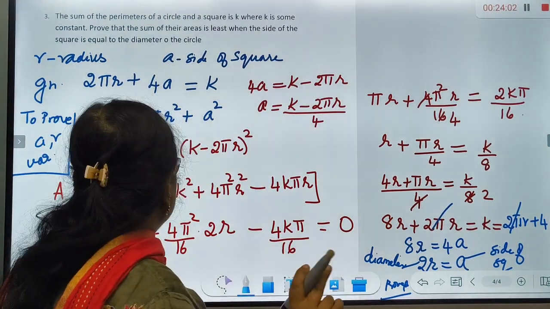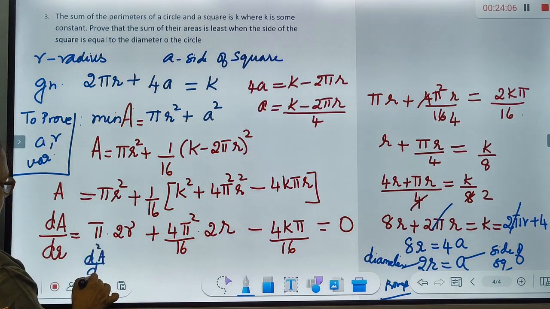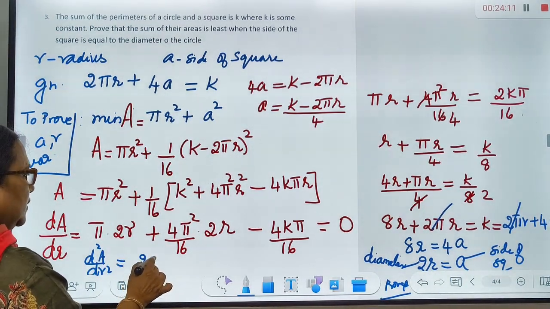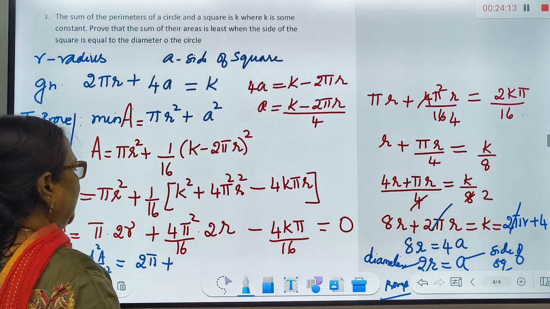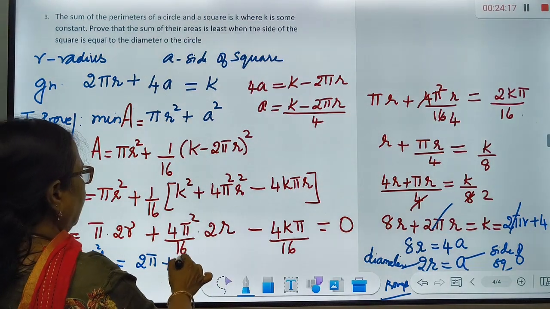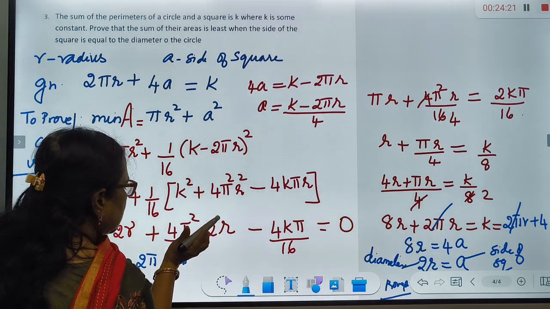So what is left? Only the second derivative. d square A by dr square will be, when I differentiate this, I will get 2 pi. Okay, when I differentiate this, I will get 4 pi square by 16. Pi square by 4. 4 into 2, 8 by 16.